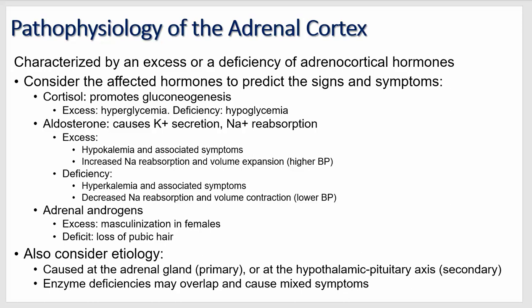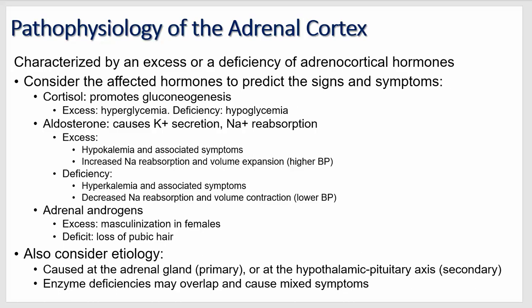Sodium has a way of, when it increases, making you save more water, so you have higher fluid volume, blood volume, and higher blood pressure. Deficiency is going to be the opposite: hyperkalemia, with associated symptoms, because you're keeping the potassium in, and decreased sodium reabsorption and volume contraction, so lower blood pressure.